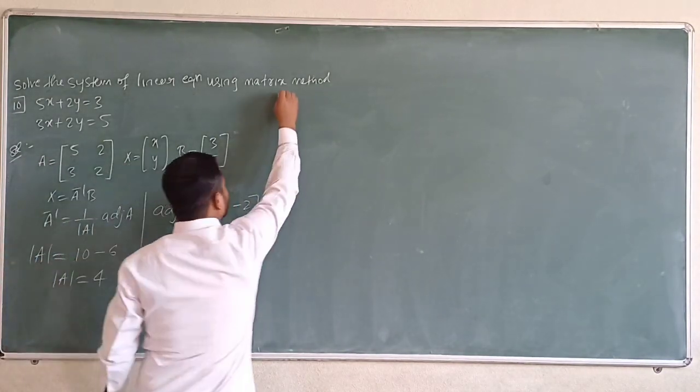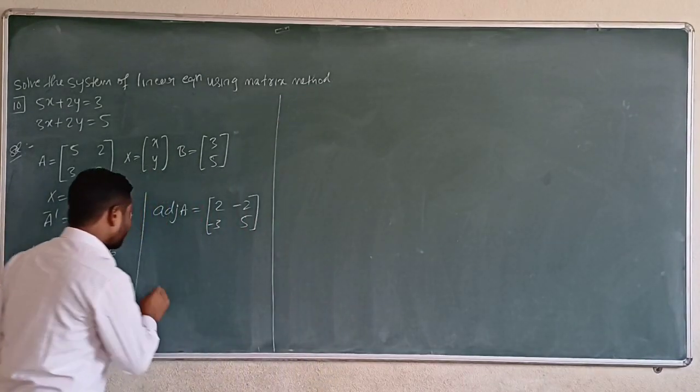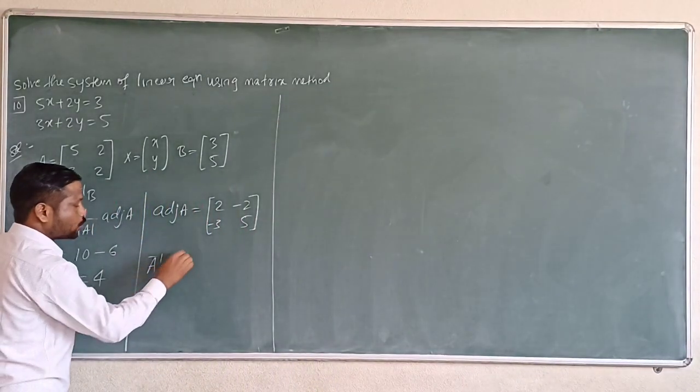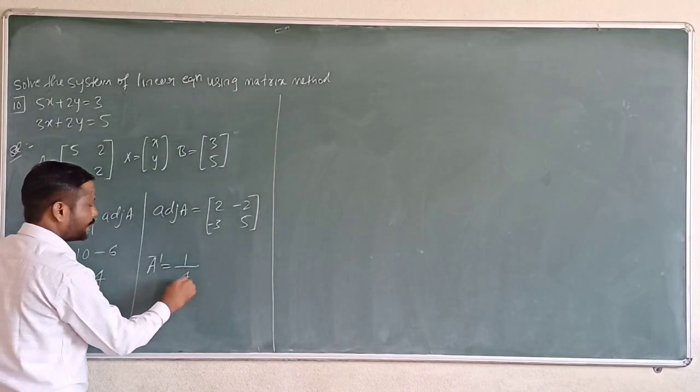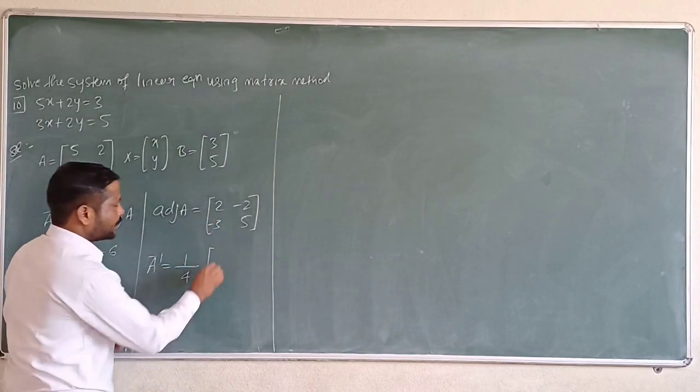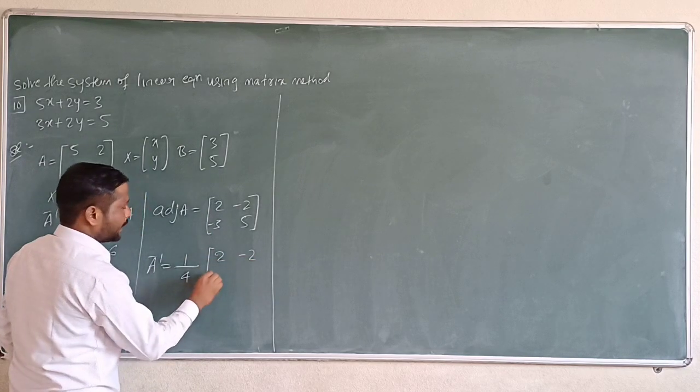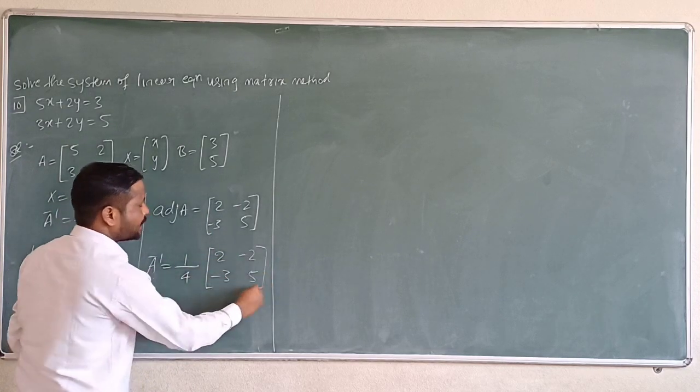Find out the inverse here. A inverse is equal to 1 divided by determinant value 4 into adjoint value, that is 2, minus 2, minus 3, 5. That is the A inverse answer.